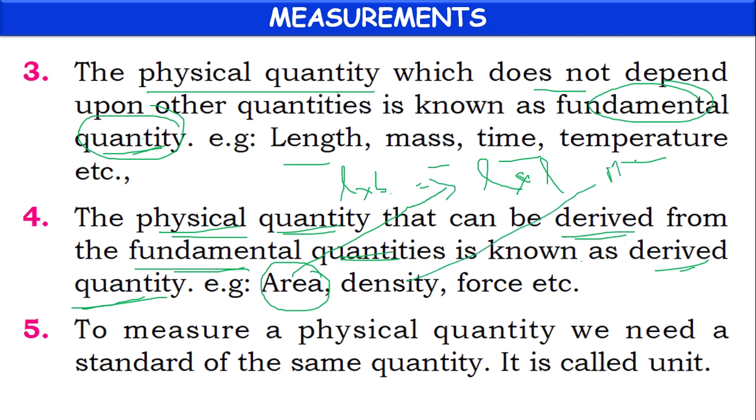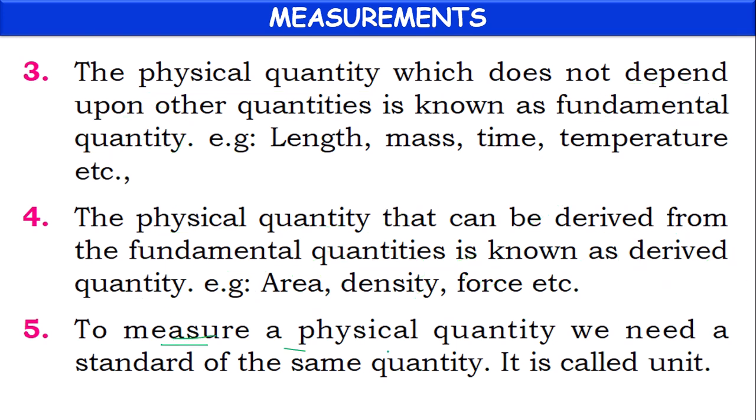Density formula is mass by volume. Again volume formula is length into breadth into height. So density depends on mass and length. Like this, other quantities like area, density, force all depend on fundamental quantities. So they are called derived quantities.